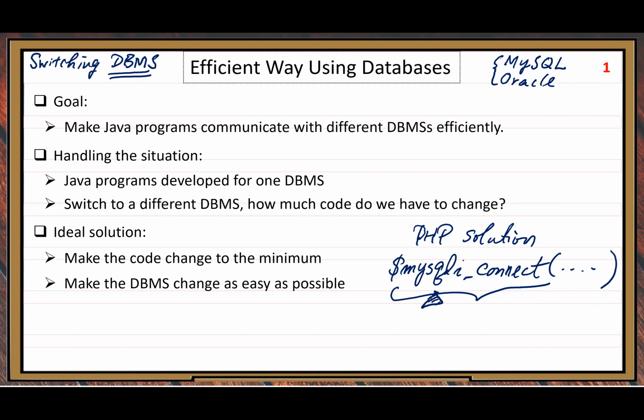When you switch to Oracle, you have to use an Oracle-specific oracle_connect function. In other words, a different set of functions. For different DBMS, use different sets of database related functions. That's the PHP way.